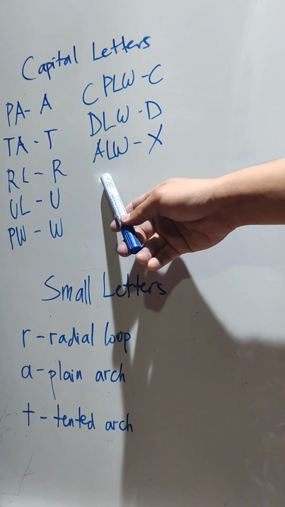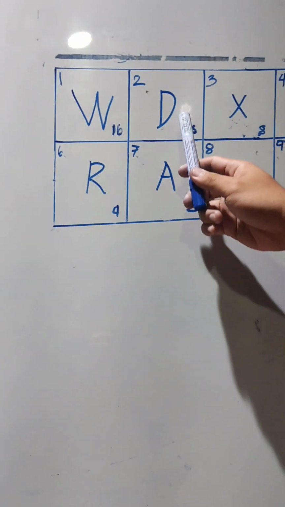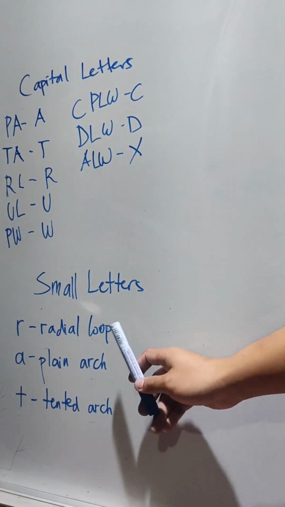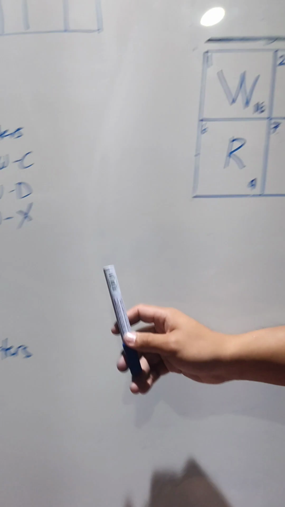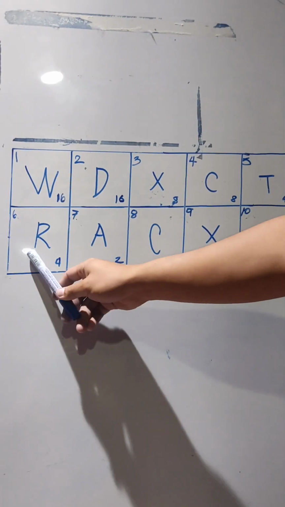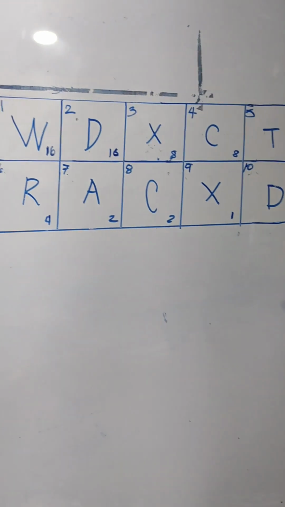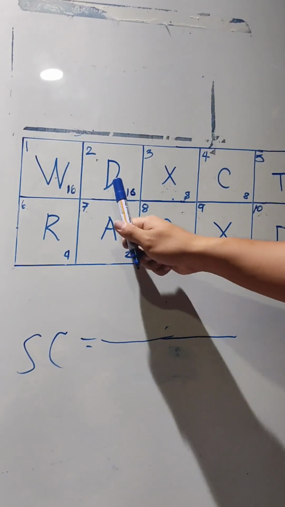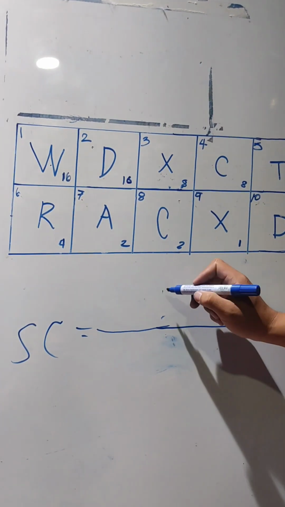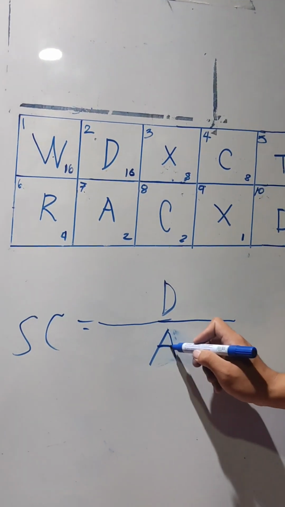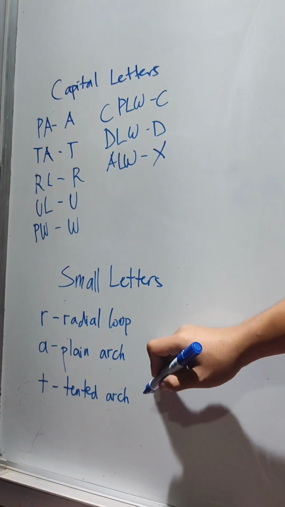And now we proceed to the secondary classification, which uses capital letters for the index finger and small letters for the remaining fingers, which is the ridge pattern. And now we're going to get the index finger for the capital letter, double loop, and arc.